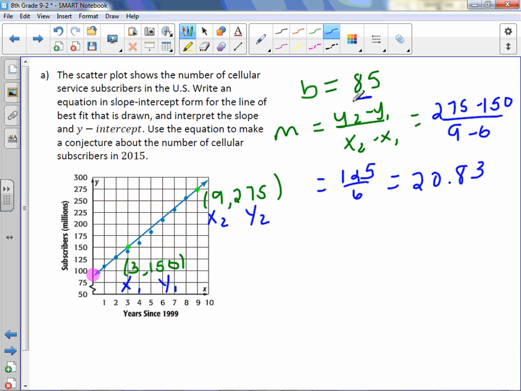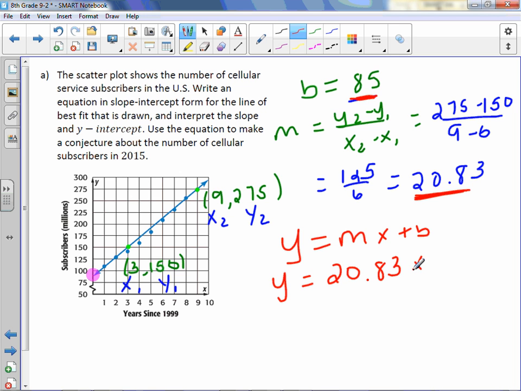So we have our b, which is our y-intercept, and our m, which is our slope. When we plug it in, y equals mx plus b, we get y equals 20.83x plus 85. That's our equation of the line of best fit.